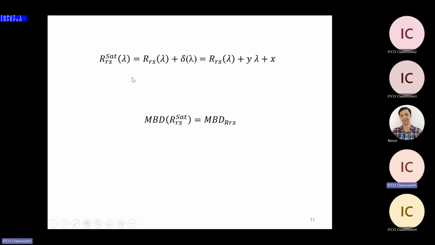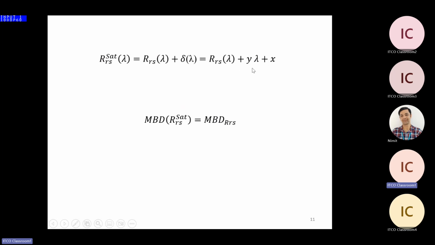So here is a mathematical way to show the value of a band difference versus a band ratio. As I mentioned, after atmospheric correction, remote sensing reflectance from satellite always has uncertainties, delta lambda. And the delta lambda from atmospheric correction is, in general, wavelength dependent, so it's covariant for different bands.